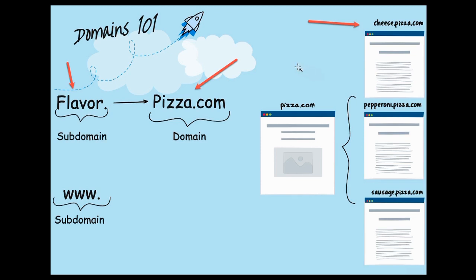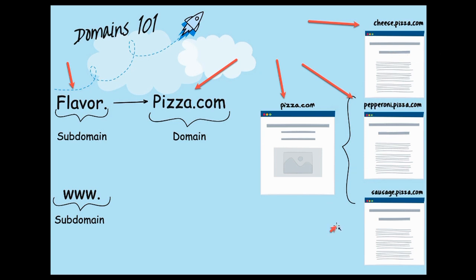Then you say, hey, you know what? I want to create another subdomain. We're going to call that one pepperoni.pizza.com, right? Trying to make this as easy as possible for you to understand. We still own pizza.com, but I own these. I have 3 websites right now. I have pizza.com, I have cheese.pizza.com, and I have pepperoni.pizza.com.